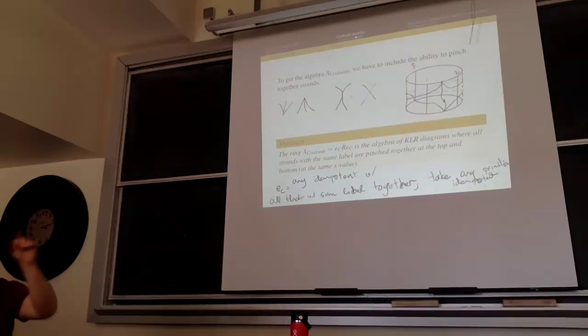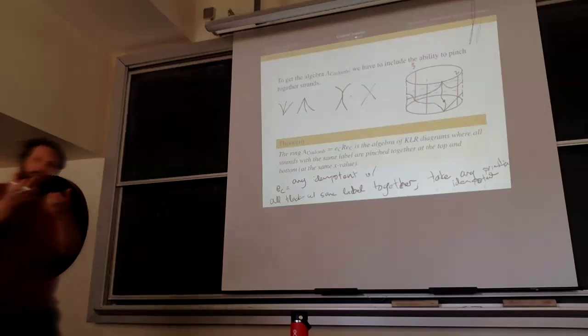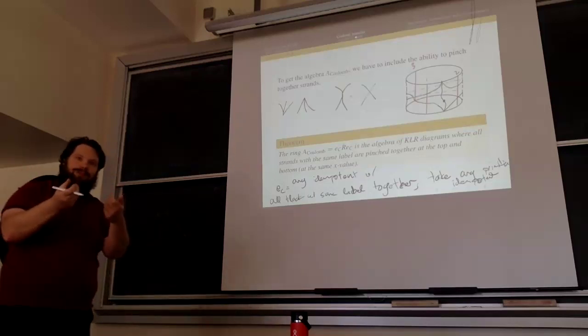It means it's a matrix algebra, and I take a rank 1 idempotent. Oh, lots of them. I mean, how many rank 1 idempotent things are there in n by n matrices? Right, I mean, so I have an idempotent where all these guys with the same label are together.